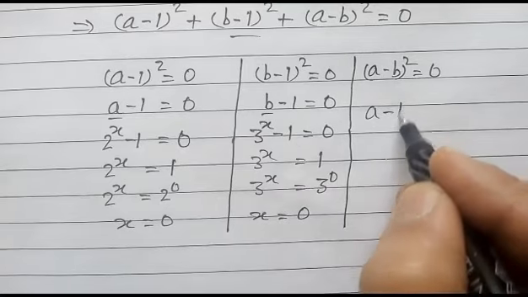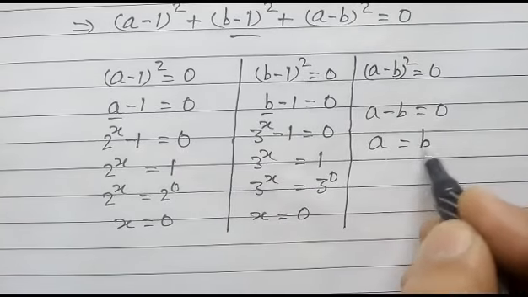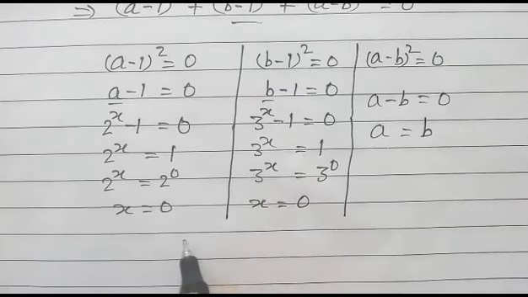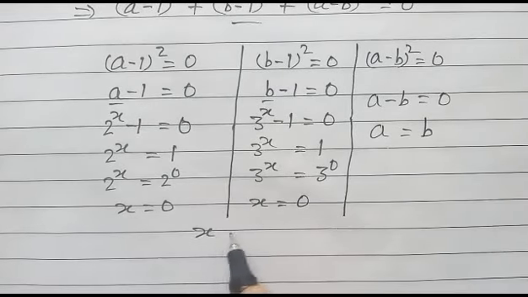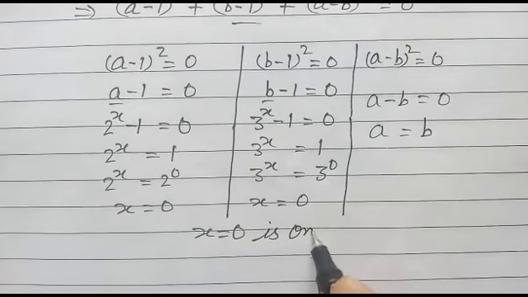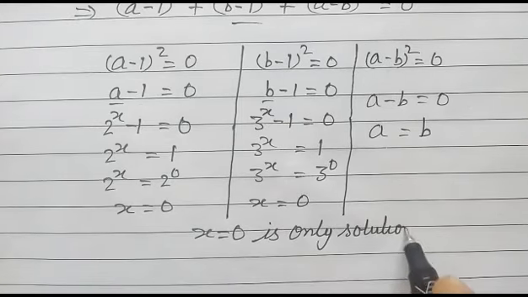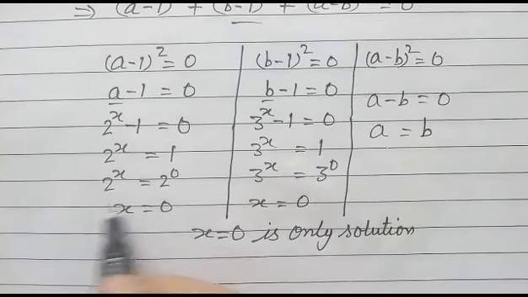Here a - b will be equal to 0, or a will be equal to b, right? Now we can safely say x = 0 is the only solution, right?